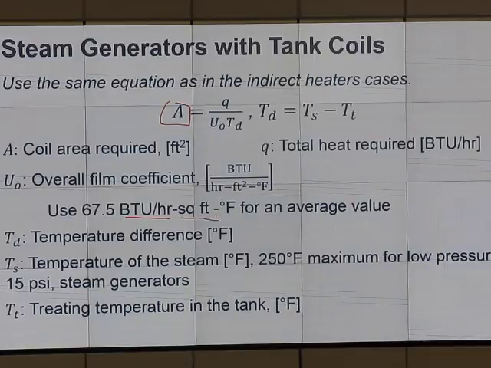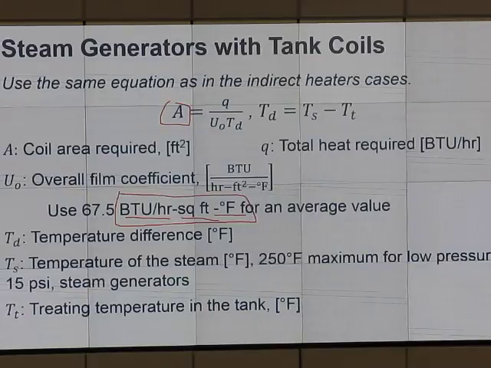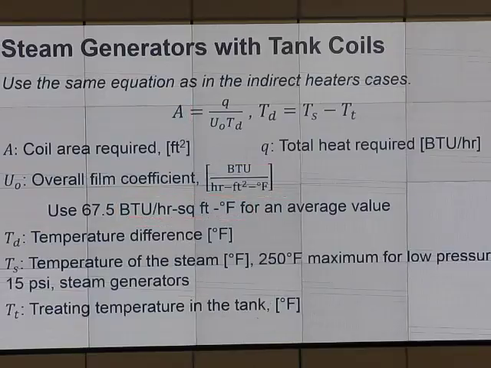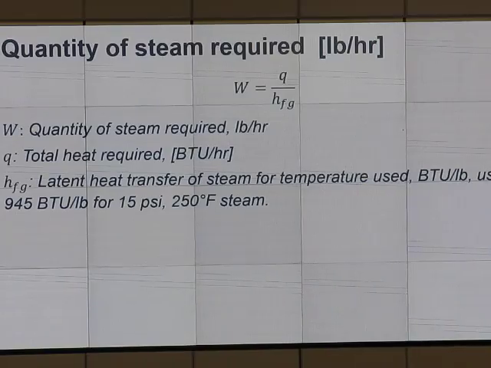Per square foot, per Fahrenheit. So that is the unit of overall film coefficient or overall heat transfer coefficient. So that's the average. And then TD is just the temperature difference, okay, in degree Fahrenheit. So that is the same method that you use for indirect heater or line heater. Okay, that's for steam generator in the gun barrel.